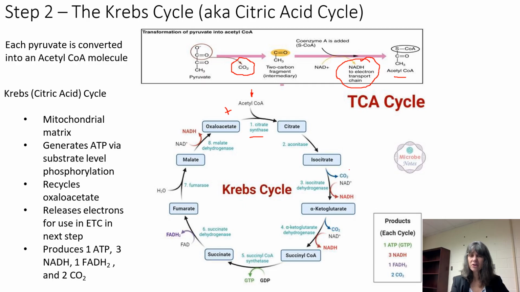Isocitrate will also undergo decarboxylation, and it will lose an entire molecule of carbon dioxide in the process. And then that substrate molecule, isocitrate, that's been decarboxylated and has lost its carbon dioxide, with the help of isocitrate dehydrogenase, will lose hydrogen, and that will join NAD+ to form NADH. So NAD+ gets reduced, and now we've got more NADH being made.